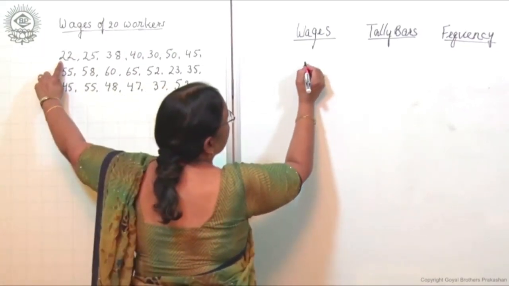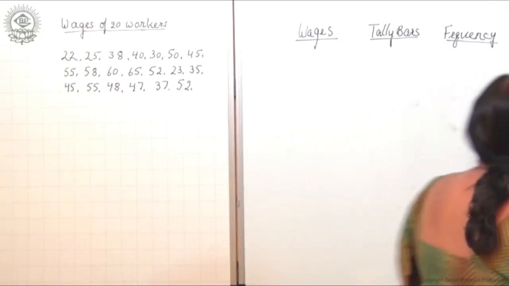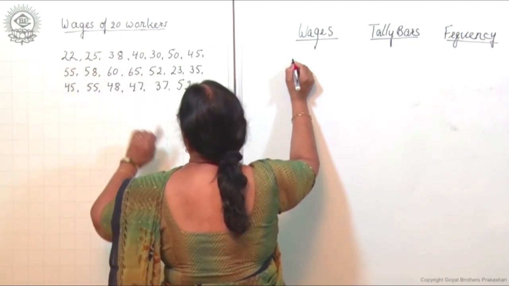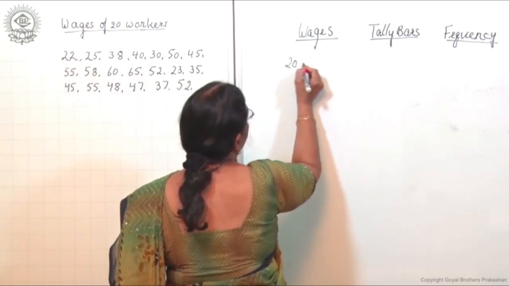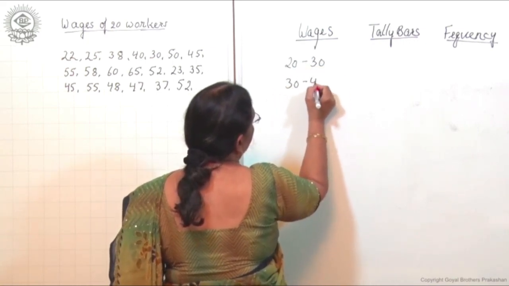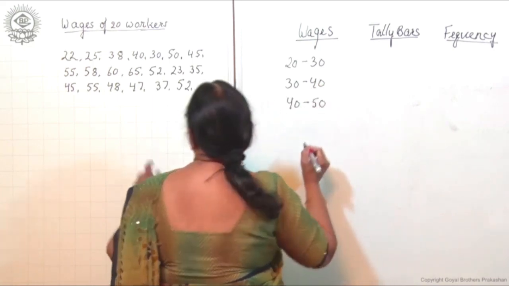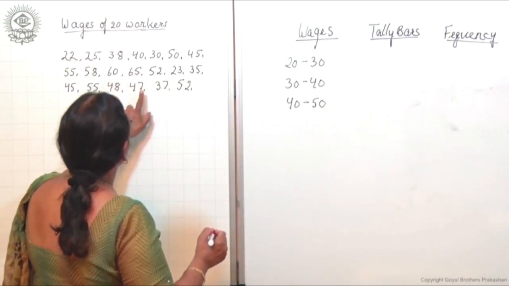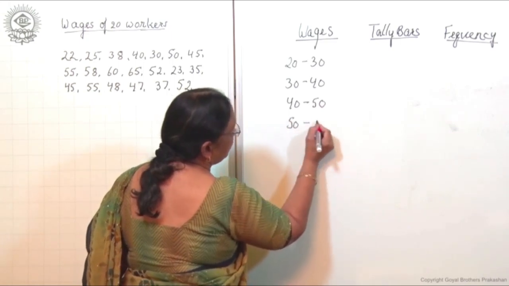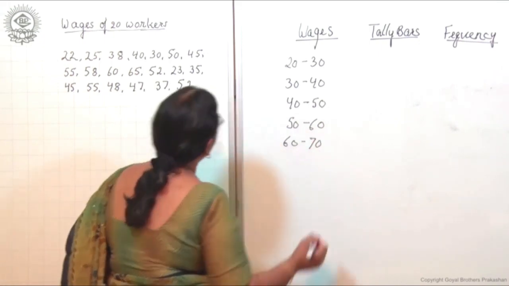So you will just make the class interval as the lowest wage is 22. So we will make the class interval 22 to 30, 32 to 40, 42 to 50. Now which is the highest figure here? This is 65. So we will make it here 52 to 60 and 62 to 70 to cover all the workers.